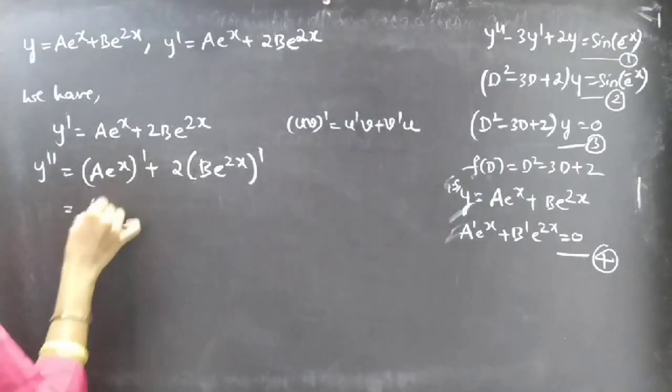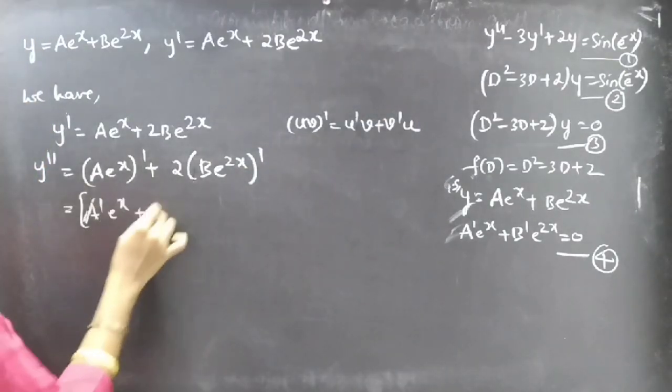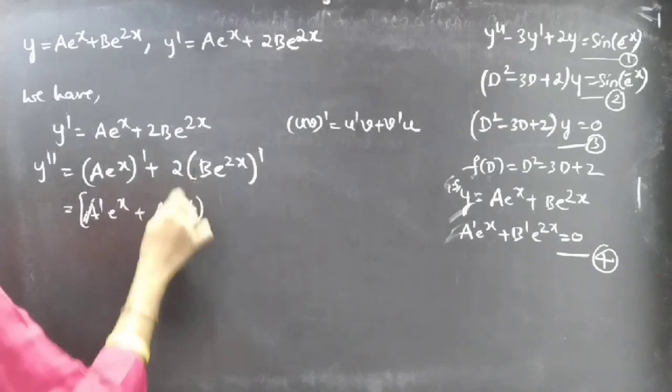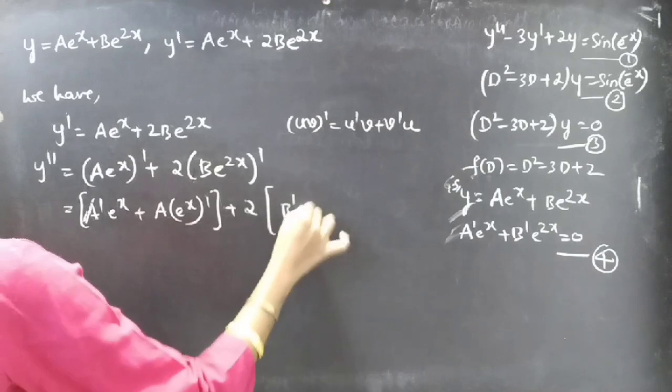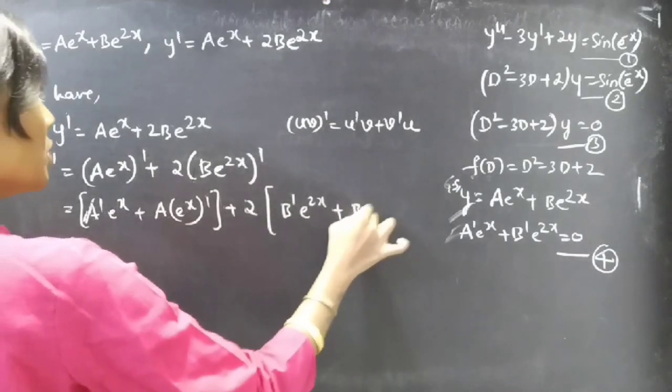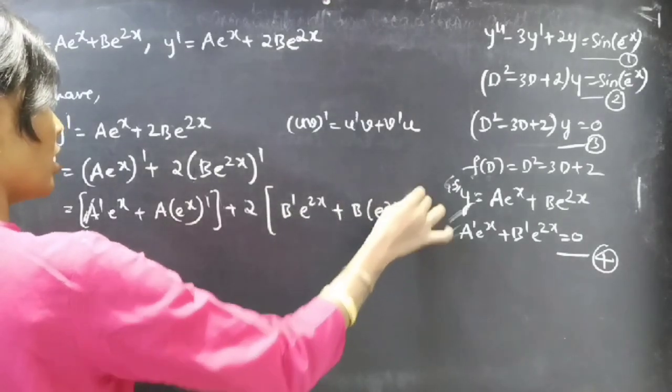We'll get a dash e power x plus a into e power x whole dash plus 2 times b dash e power 2x plus b into e power 2x whole dash.